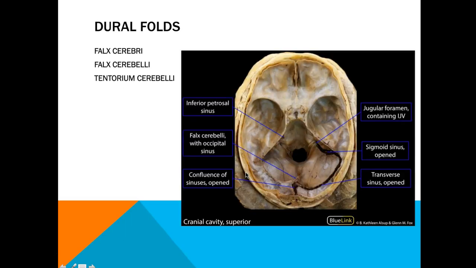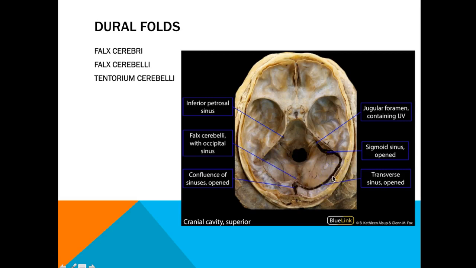And you could see this a bit better in this superior view of the cranial cavity. So this is anterior, this is posterior. I just noticed that the tentorium cerebelli has been cut away in this image. So it would be right in this region over here and also in here.